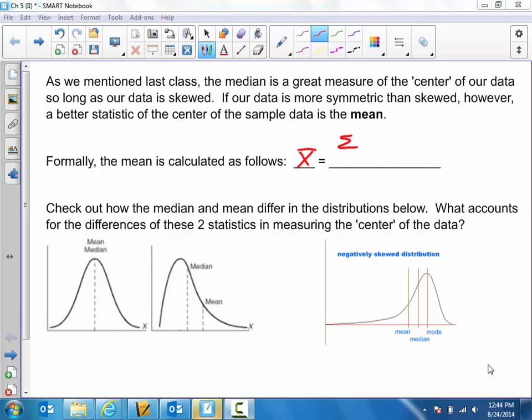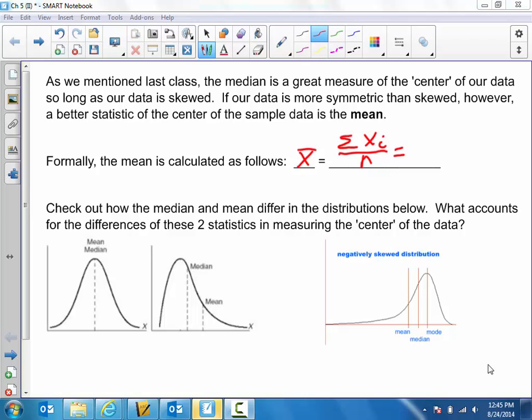And that is equal to, sigma stands for the sum of all i data values. If you are the first data value, that would be x sub 1. If you are the last data value, that would be x sub n, where n is the number of data values in your data set. And we divide through by n. So it's just an average that you would have taken in middle school. But again, we call it the mean, not the average.